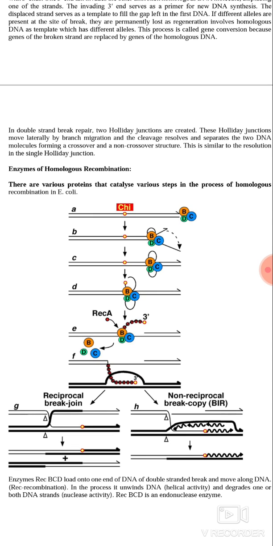We see in this diagram the colorful RecBCD. These are the recombination enzymes responsible for the process of recombination. It binds to the end of double stranded DNA and moves along DNA for the process of recombination.